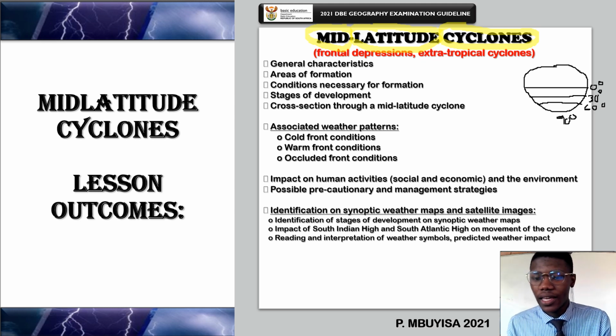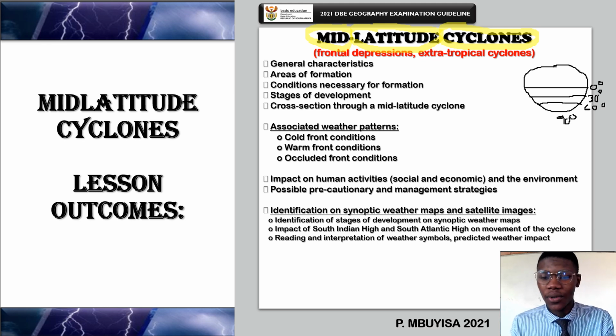Now, if you're looking at our system here, and I'm just going to draw it in the southern hemisphere only for now, we'll look at the other parts as we move along. We have our lines of latitude: 0, 30 degrees, 60 degrees, and 90 degrees. Which ones are at the middle?